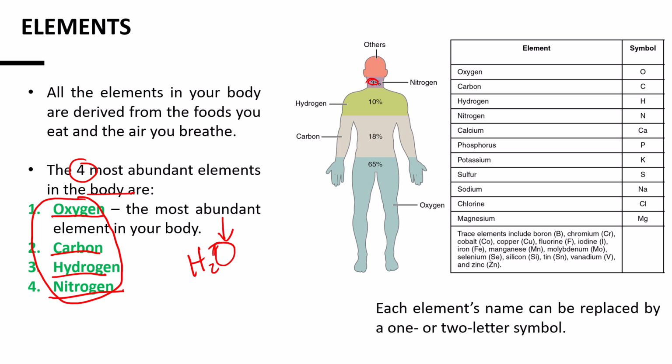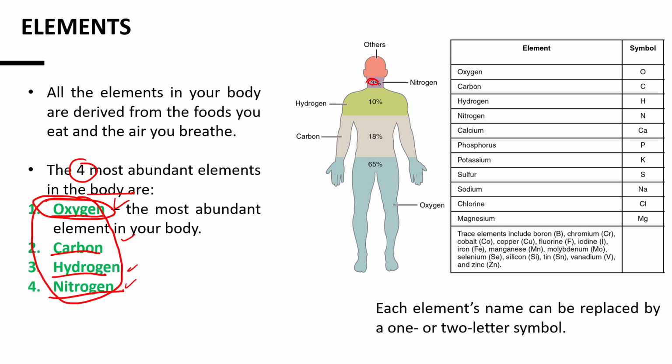You can see that a molecule of water, or a compound of water, contains oxygen and also contains hydrogen, and those are very common elements. So for now, know that the 4 most abundant elements of the human body are these 4, and that overall the most abundant is oxygen.